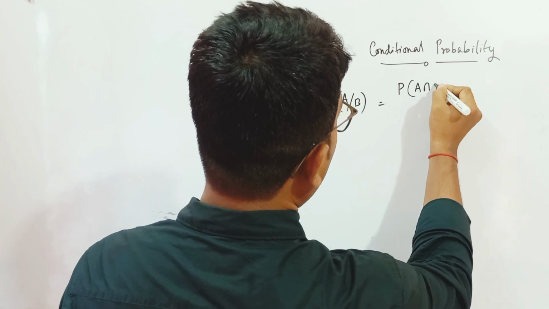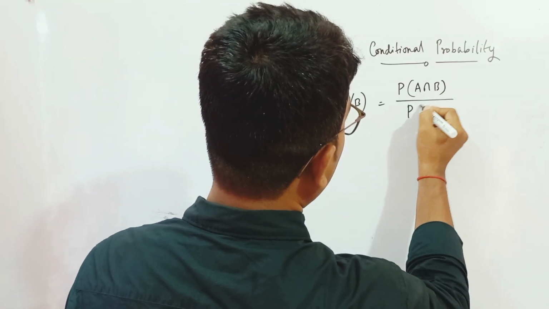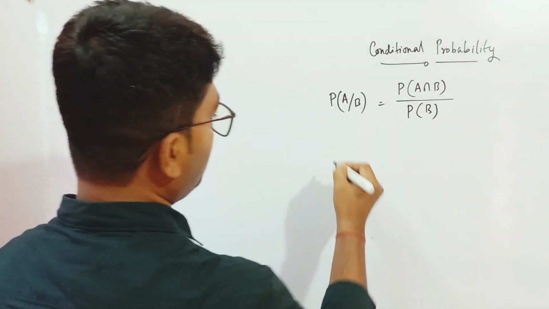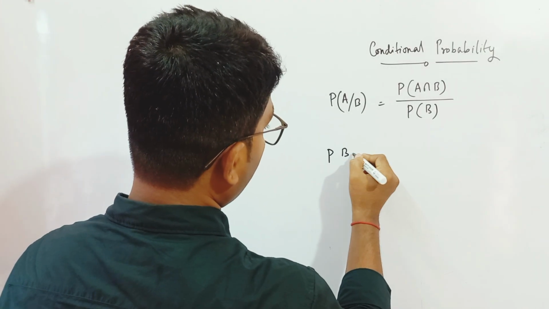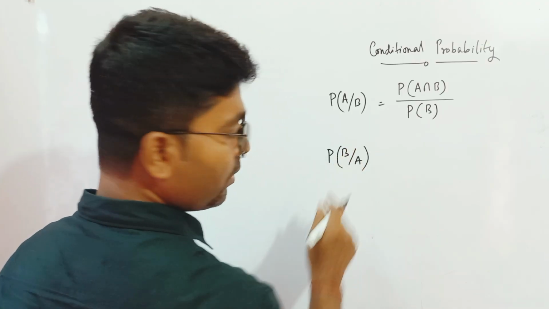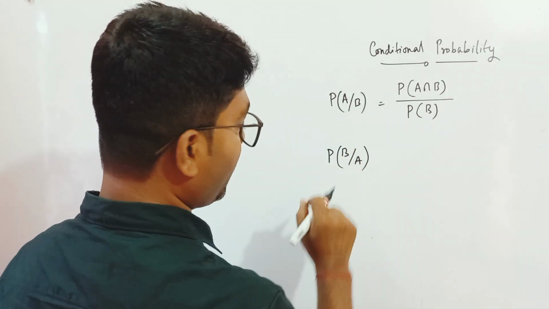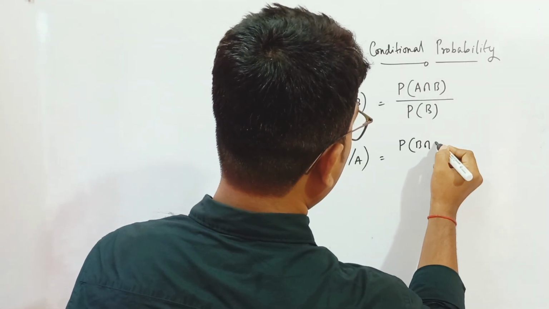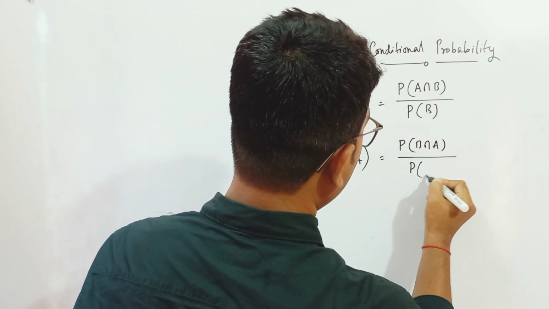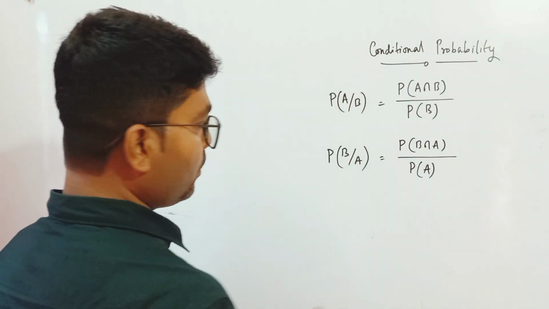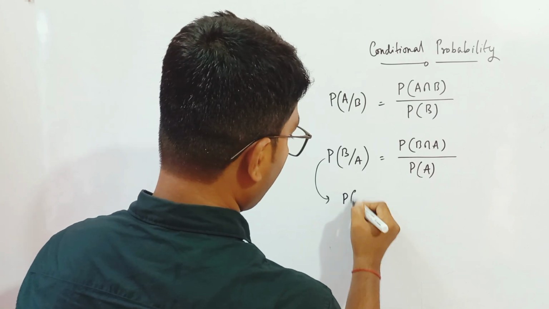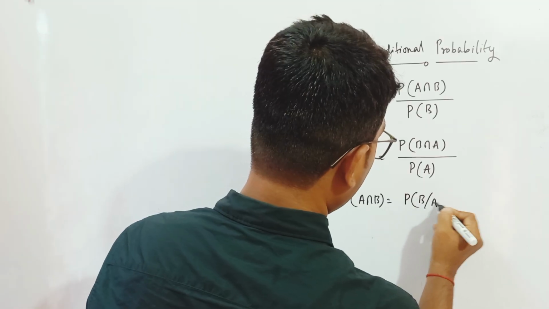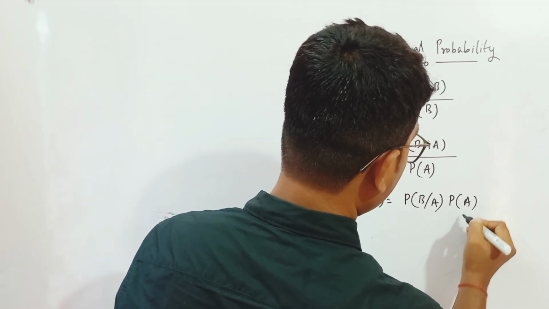P of A intersection B by probability of B. Similarly, we can write P of B by A, that is, the probability of B when A has already occurred. And we can write this as P of B intersection A by P of A. So from here we can write P of A intersection B equal to P of B by A and P of A.